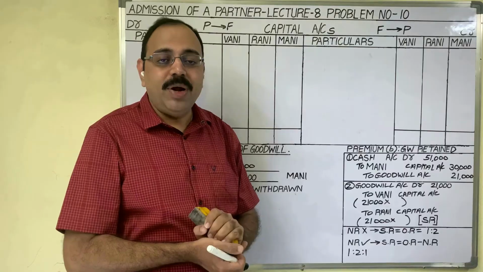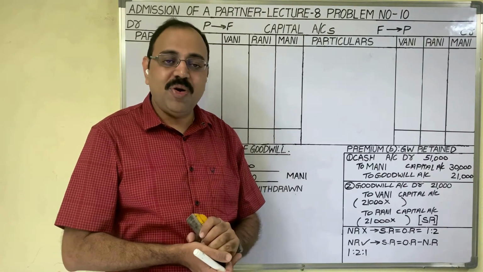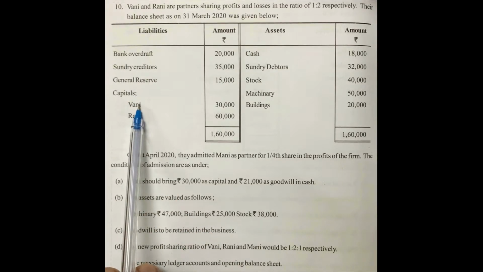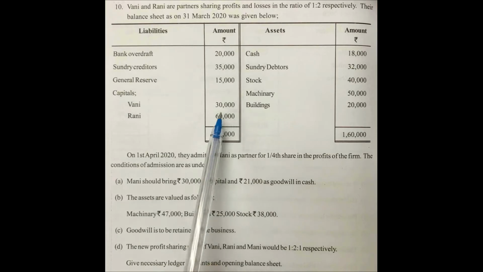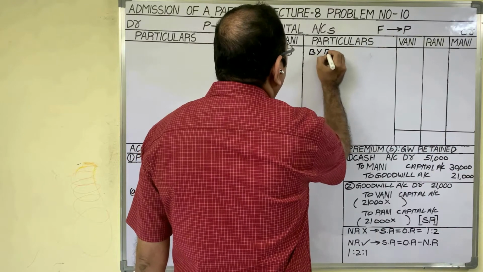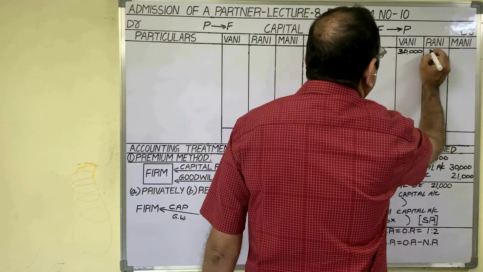We have to start capital accounts with the opening balance. From where should we take this amount? In the old balance sheet, on the liability side, capitals of Vani and Rani are given as 30,000 and 60,000. These two amounts we have to write here, the opening balance, on the credit side, by balance brought down 30,000 and 60,000.